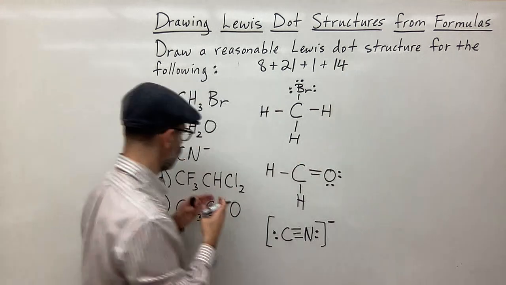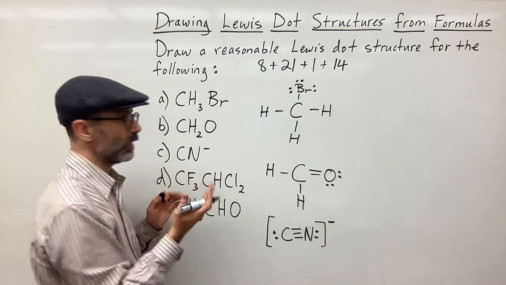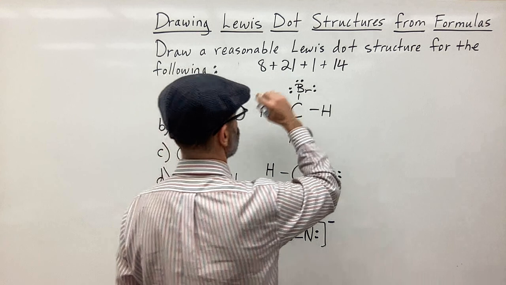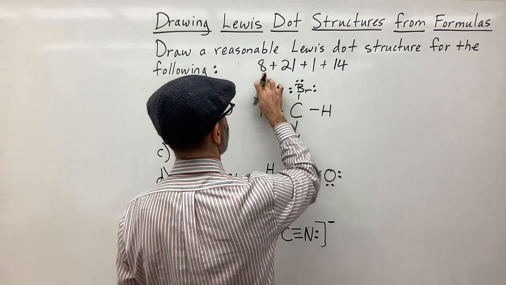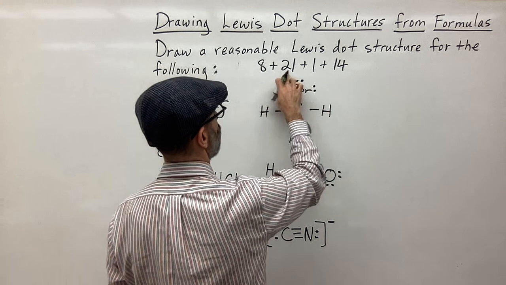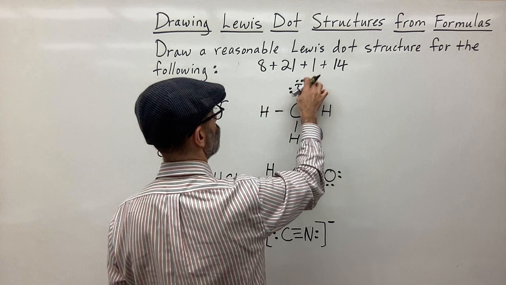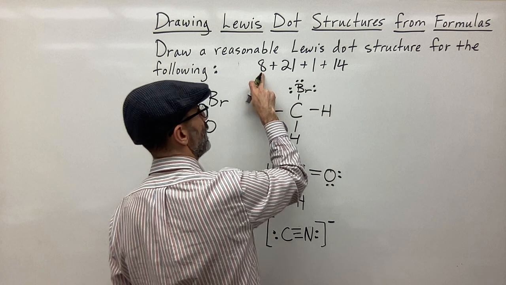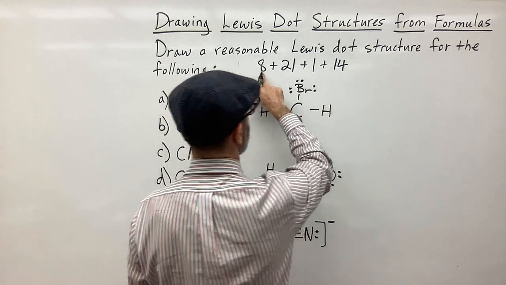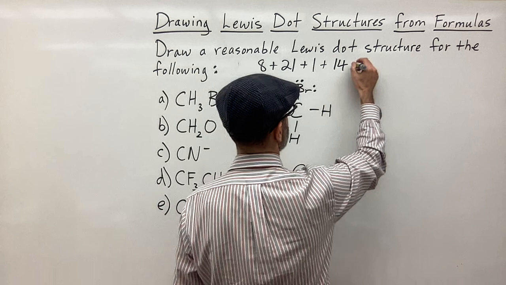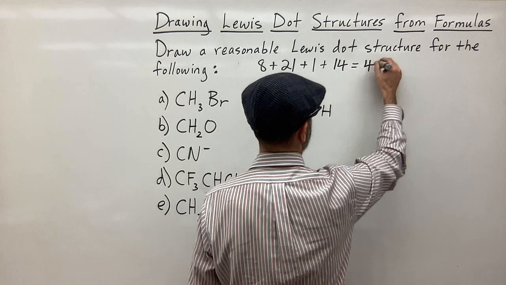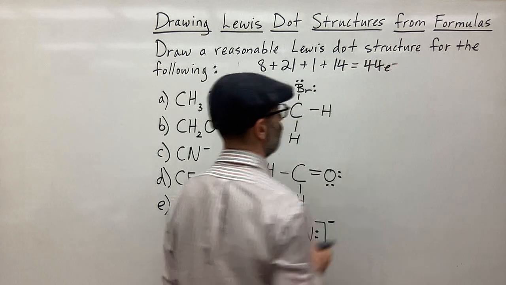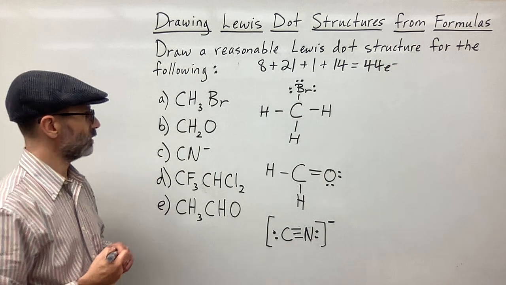And there's no charge, so we don't need to worry about adding or subtracting charge. So we have 8, and then 21 plus 1 is 22. 22 plus 8 is 30, and then we have 14. So that's going to be 44 total valence electrons.